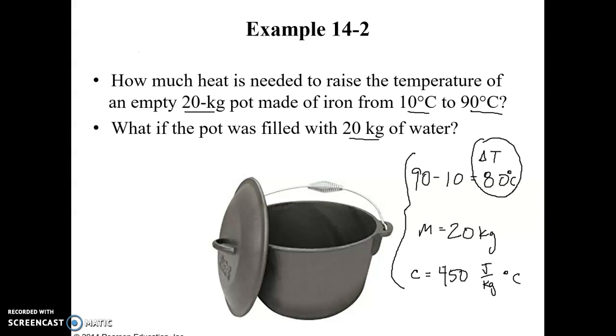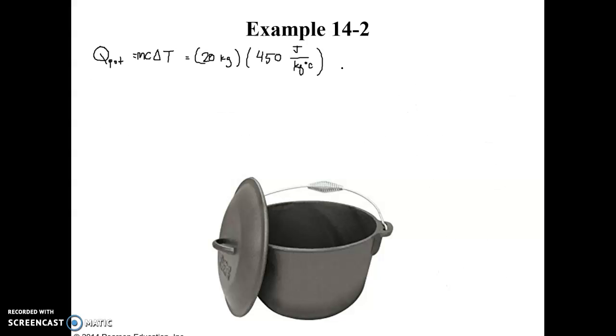I wasn't very clear on that on this slide, so let's make sure I indicate that it is in the denominator of that fraction or ratio. And the delta T we want to change it by is 80 degrees Celsius.